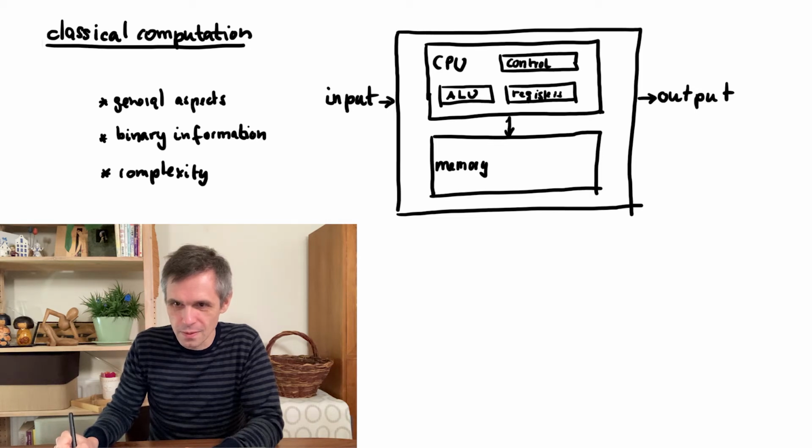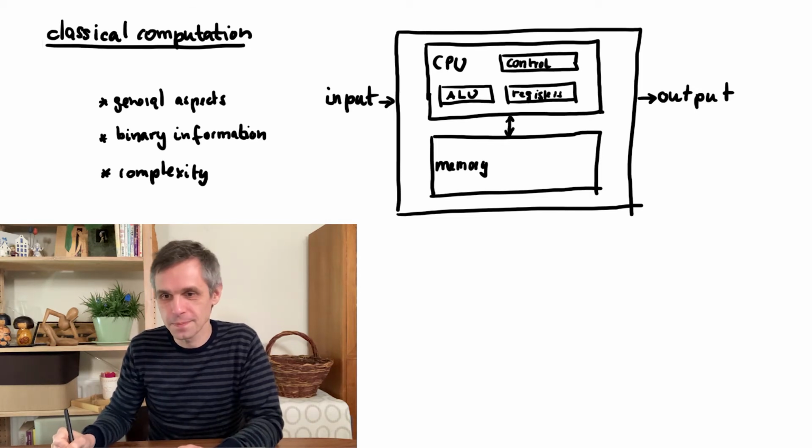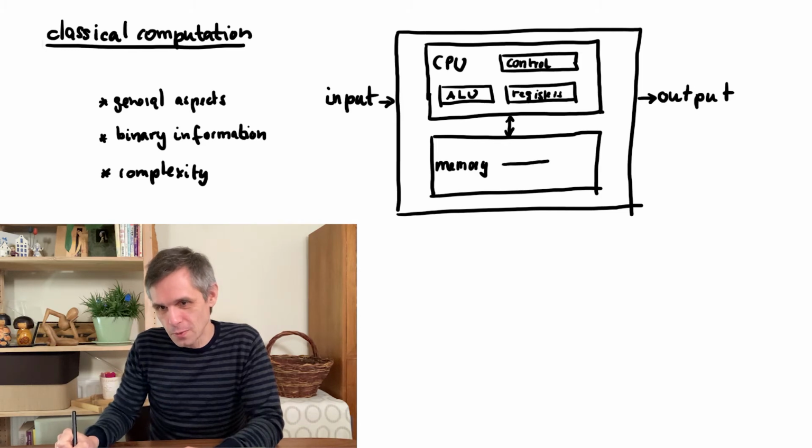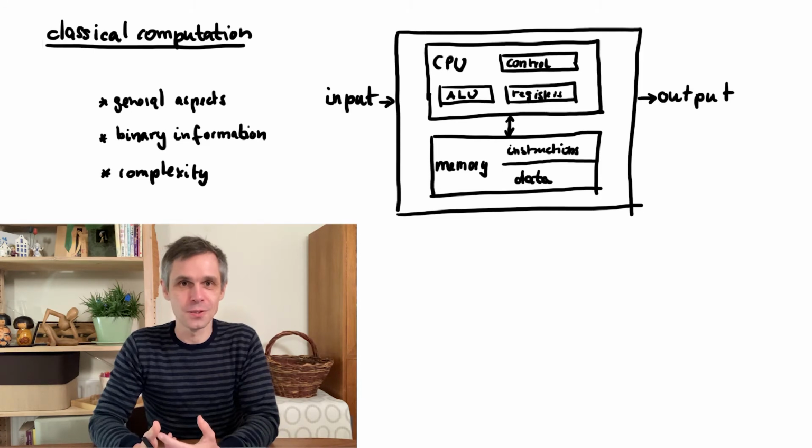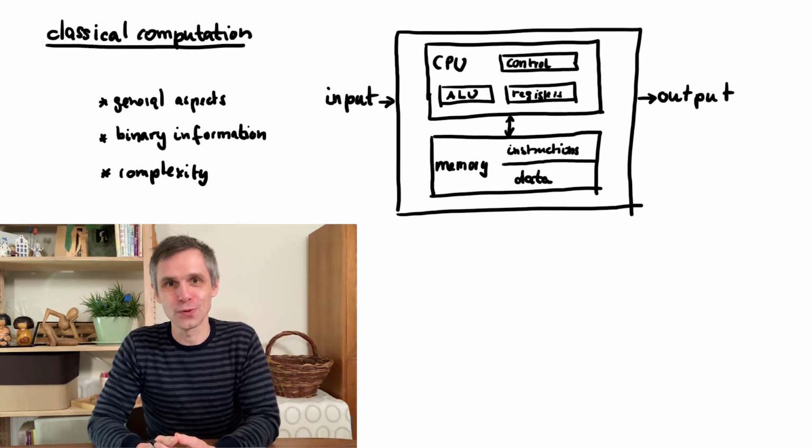And these are all communicating with each other. And the memory you could further break down into instructions and data. This is essentially the so-called von Neumann architecture of a computer.